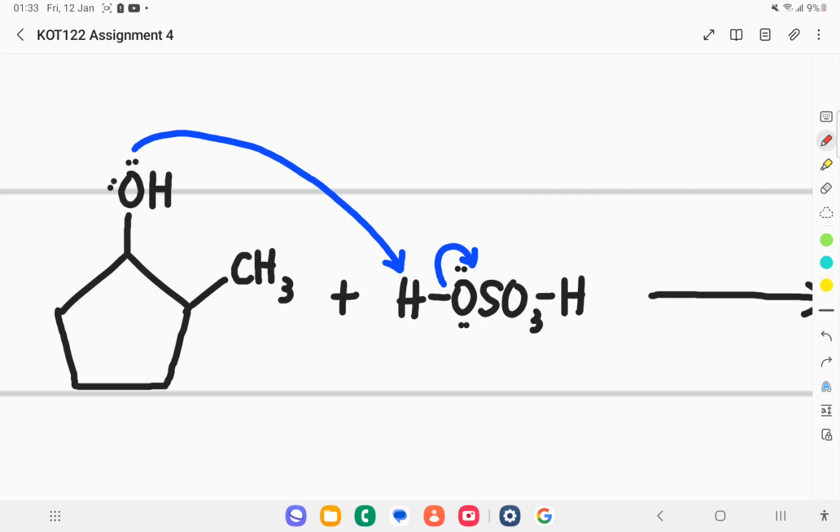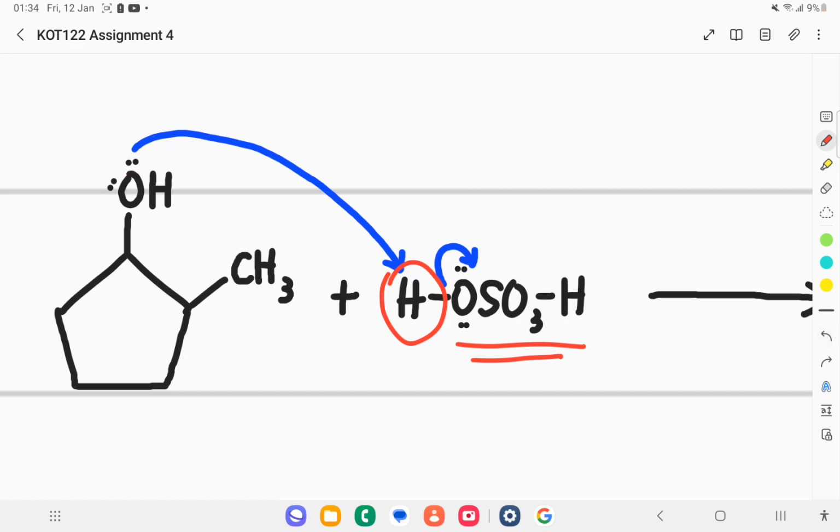The first step involves proton transfer. One of the lone pairs on the oxygen atom of the OH group will form a bond with a hydrogen atom from the sulfuric acid. So this lone pair will become a bond here, forming with the hydrogen atom, so that we have OH2 here.